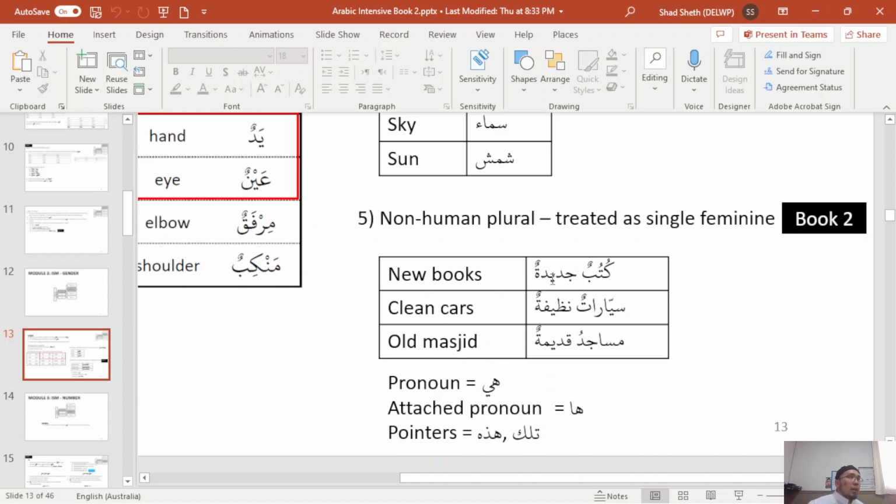So let's say, for example, you want to point and say, those cars. How do you say those cars? Remember the rule that we have learned? Treat it as singular feminine.